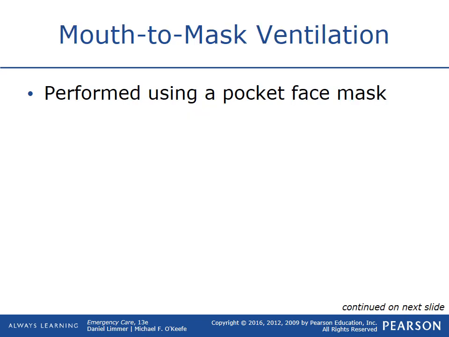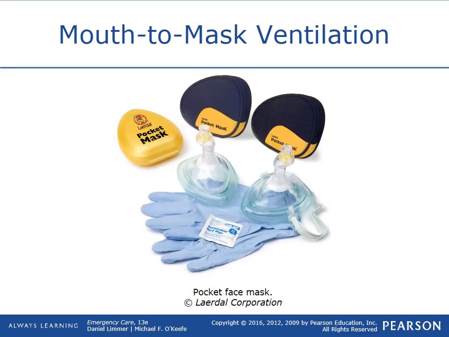You can also do mouth-to-mask ventilation. This is performed using a pocket face mask. So you've got a pocket mask on them and you're breathing in with your mouth over it. Whatever you do, you definitely want to use personal protective equipment to protect you from any diseases.